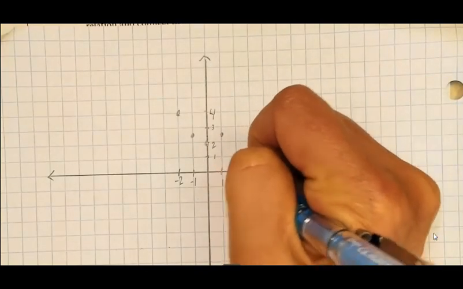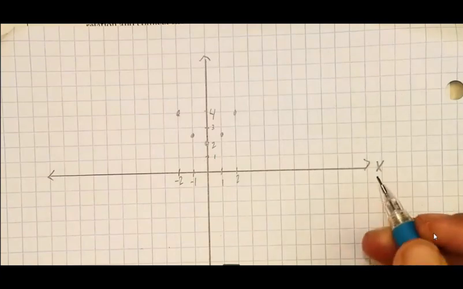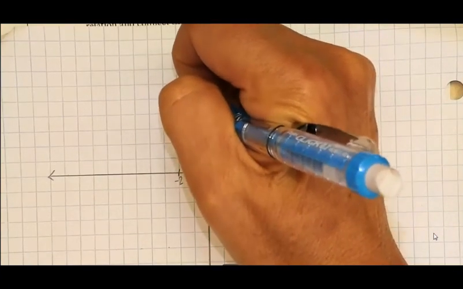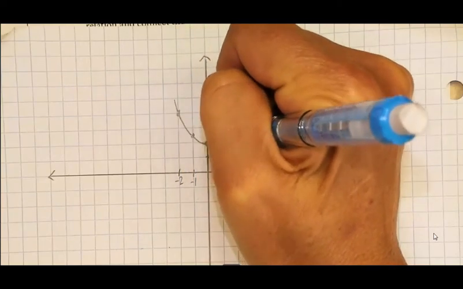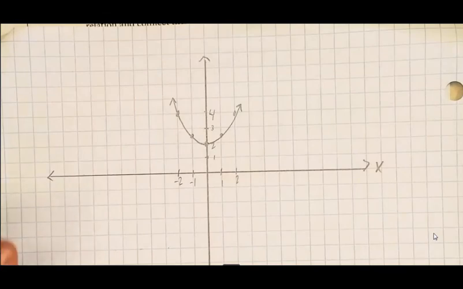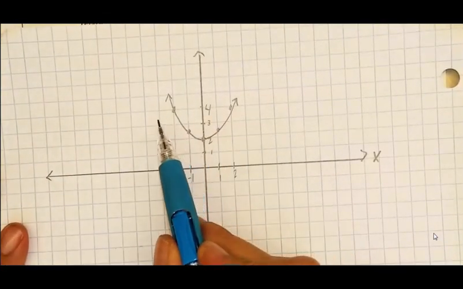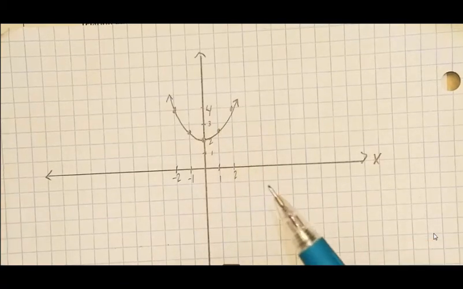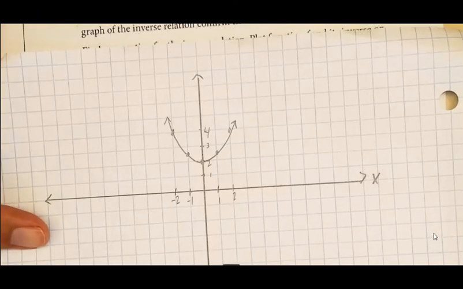And then 2, 4 is back up here. Okay, so I'm going to connect it with a smooth curve. Oops. This does happen to be a function, right? But notice that if I try and do the inverse, it's not going to pass that horizontal line test. So the inverse itself will not be a function, which is why they keep calling it a relation.